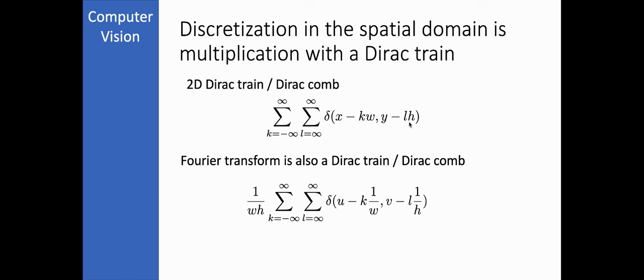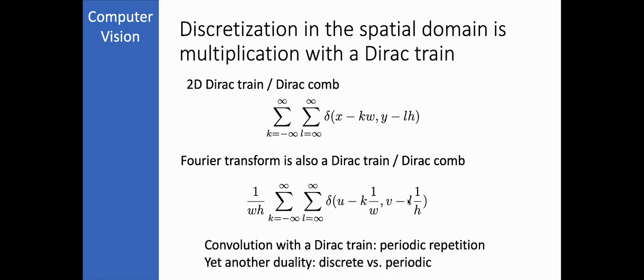So what is the Fourier transform of the Dirac comb? It is another Dirac comb, but now in the frequency domain. So convolution with the Dirac train means I take the frequency information of the image and create periodic repetitions of it. It's another duality of the discrete versus periodic case.